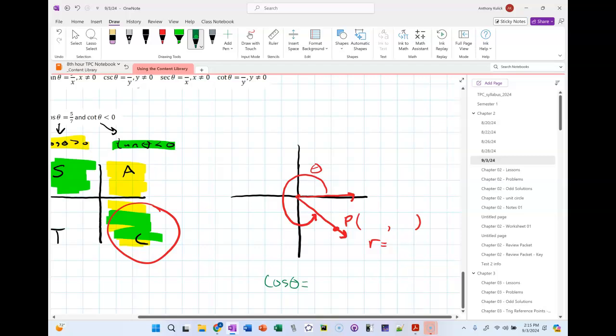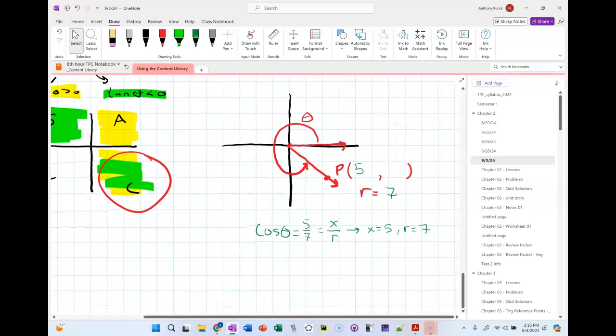You could do it that way, but it's much harder. Let's not. We know that cosine theta is 5 over 7. If I use the point definition and not the unit circle definition, I know cosine is also x over r. So that tells me x is 5 and r is 7. You guys happy with that? So far, so good.